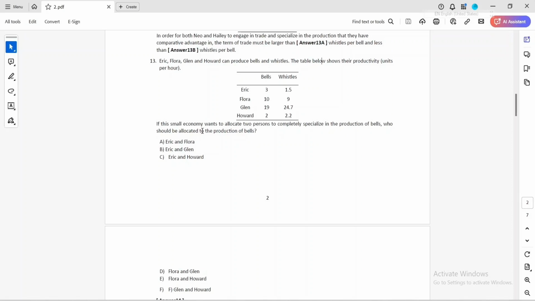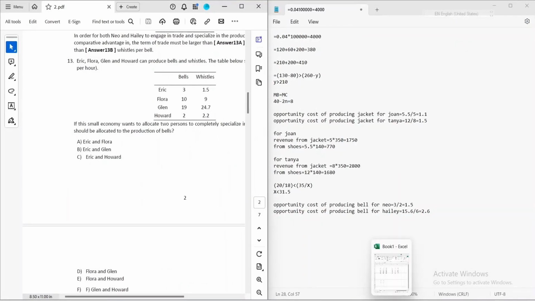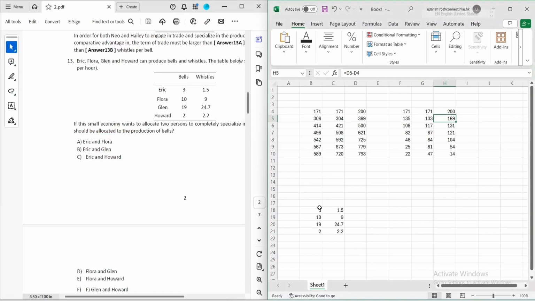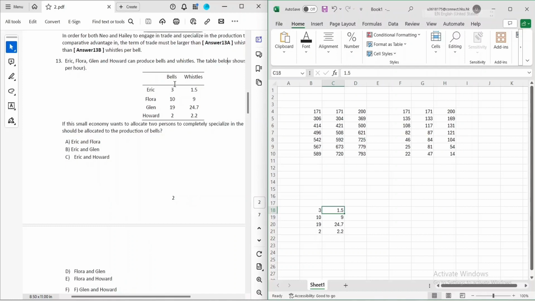Okay, so let's do it in Excel. So I have already written down all the values for you just to save some time. Now let's calculate the opportunity cost of producing bales. Okay, so this is simply this divided by this cell, and I can drag this down.